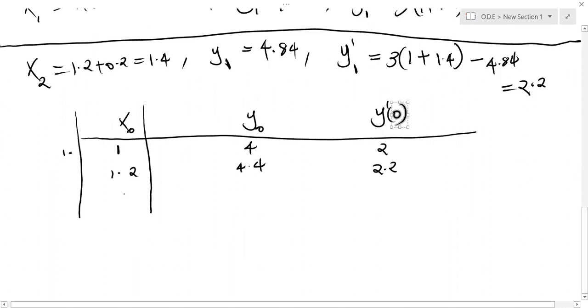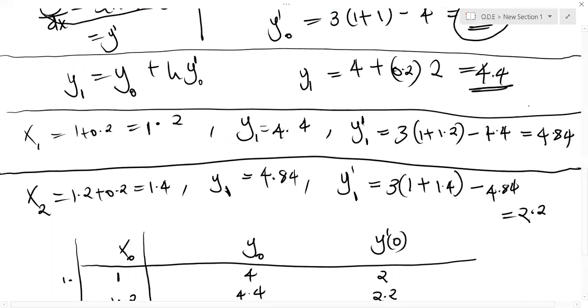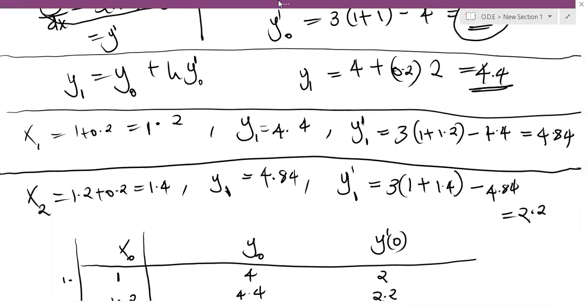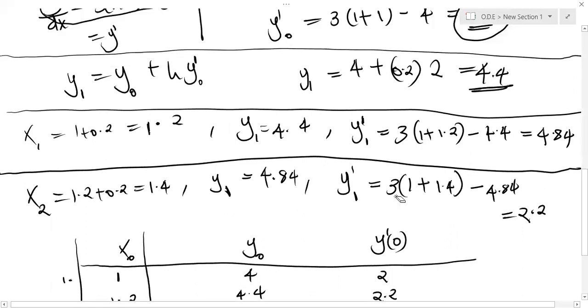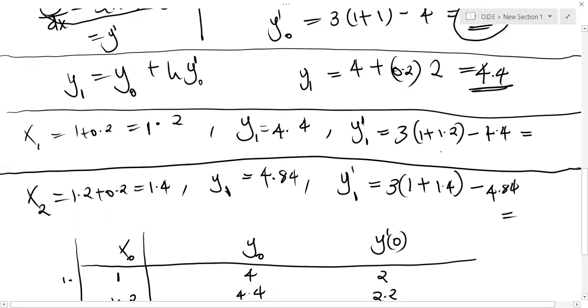Okay, then using 1.4, oh, wait a minute, guys. This is 2.36. If you evaluate this, just evaluate it using your calculator, you see what you're getting. If you evaluate this, this is 2.36. Y prime of 1, this should give you 2.36.